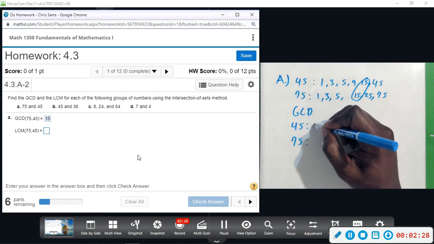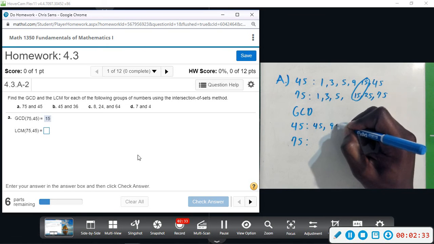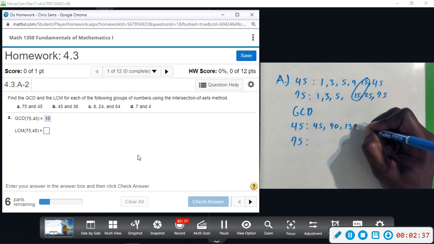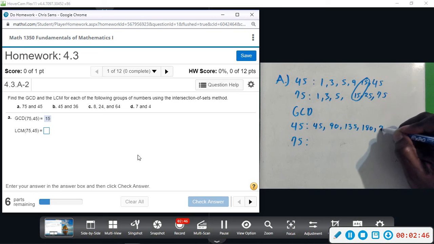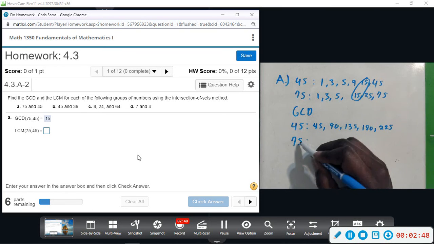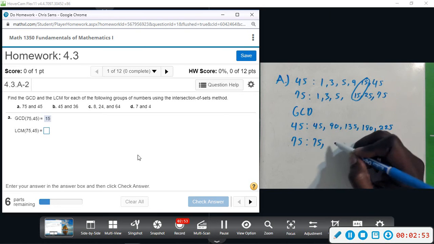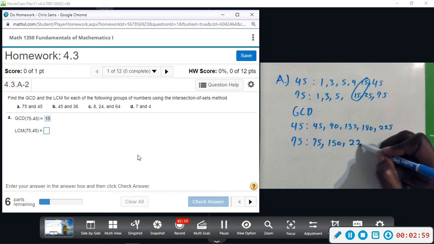So 45, 90, 135, 180, and then 225, and then 75, we'll do 75 times 1 is 75, times 2 is 150, times 3 is 225.